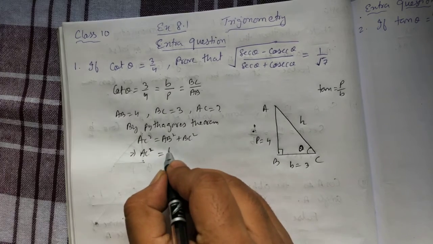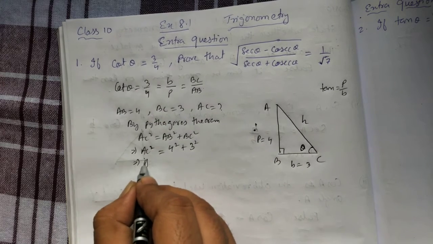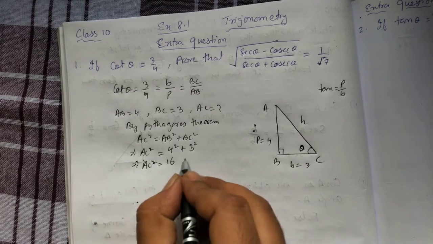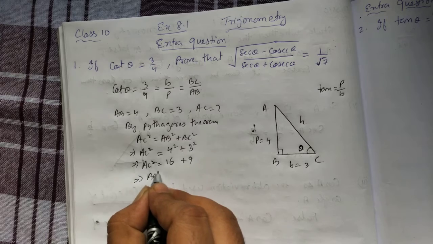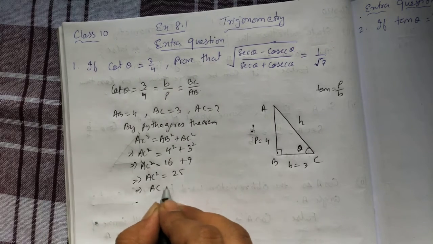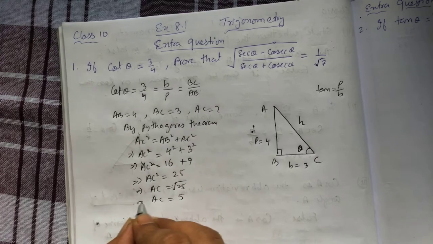AB is 4 square plus 3 square. So AC square equal to 4 square is 16 plus 9. 16 plus 9 is 25. So your AC will be root 25, which is equal to 5.